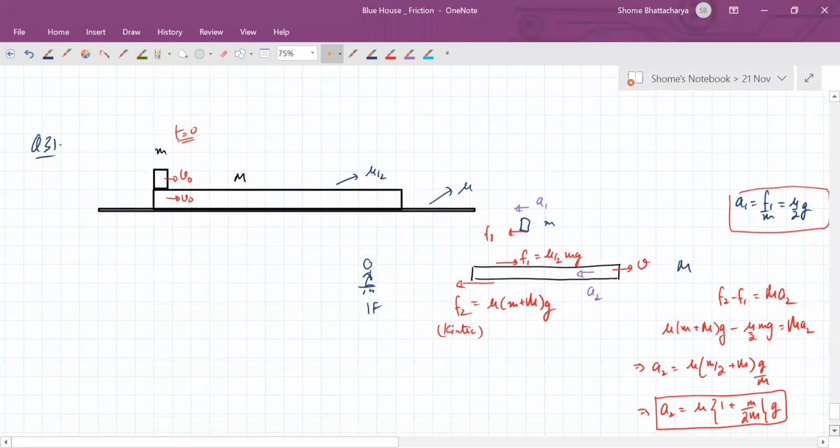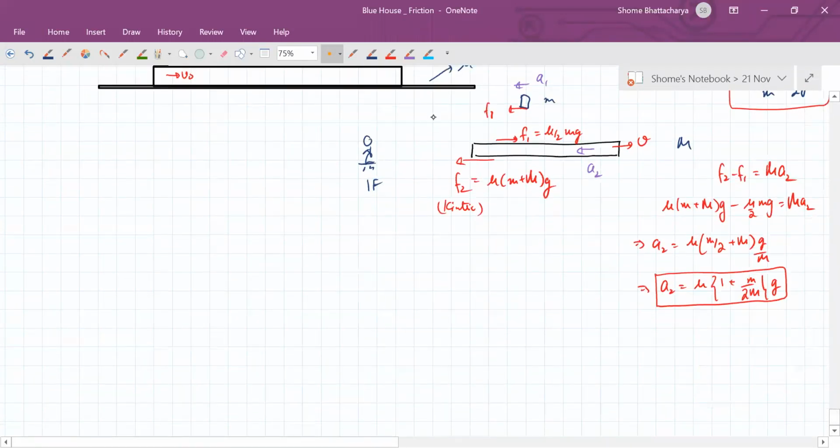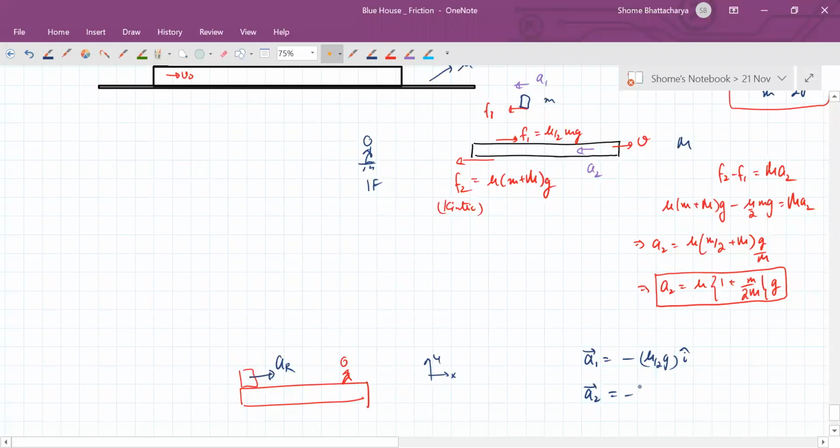Now once you got E2 and E1, what you do is you use relative motion. So you look at it as if you are standing on this and you are looking at the motion of this. So you will see that with respect to you, this will have a relative acceleration in this direction. Because if you take this as your x-axis and this as your y-axis, the acceleration of block 1 was minus mu by 2g I cap. The acceleration of block 2 was minus mu into 1 plus m by 2M g I cap.